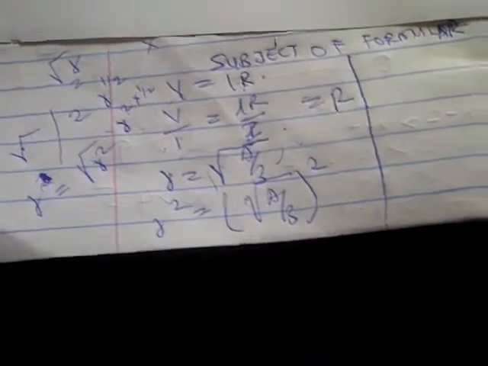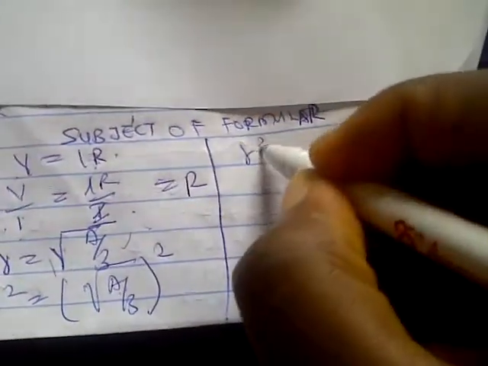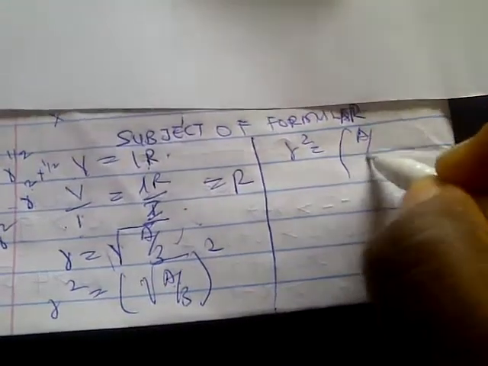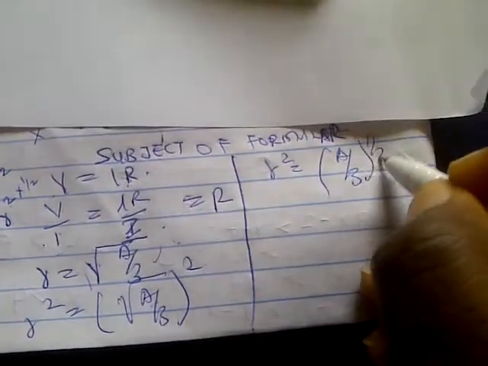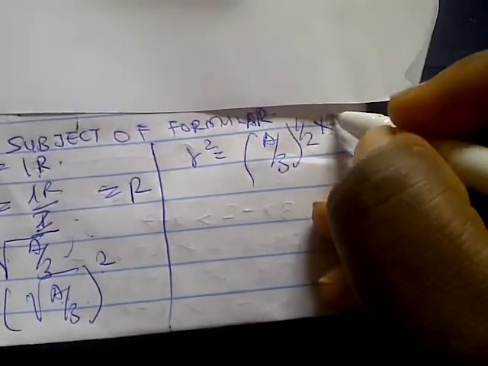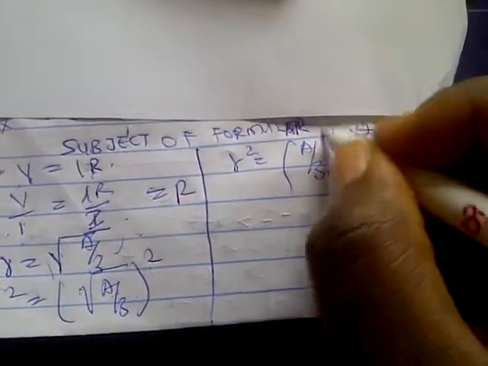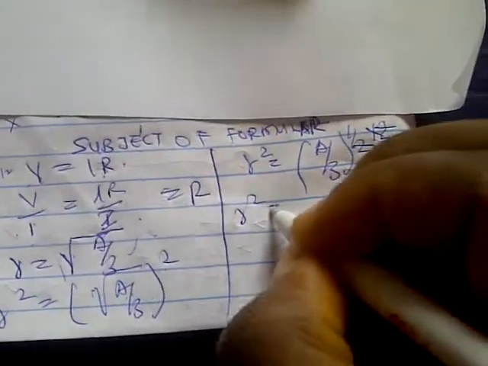all squared. Now this is the same thing as R squared equal to A over 3 raised to power 1 over 2, 1 over 2 representing the root, then times 2, according to laws of indices. When this cancels this, it becomes 1, so R squared will be equal to A over 3.